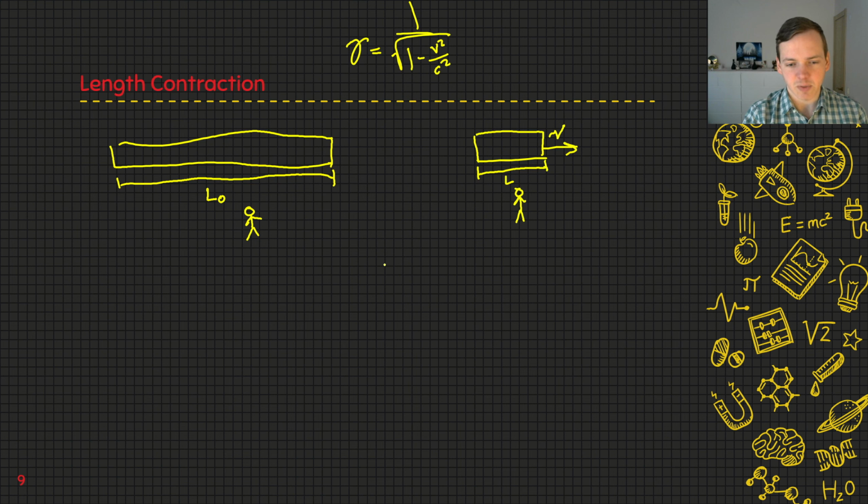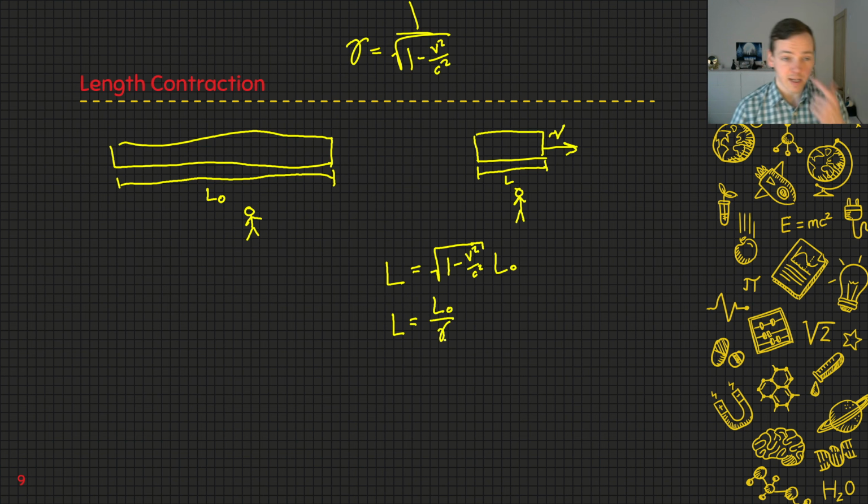And the relationship between those two lengths is that the observed length will be equal to the square root of 1 minus v squared over c squared times the proper length, or if we use that gamma factor, the observed length is equal to the proper length divided by gamma.